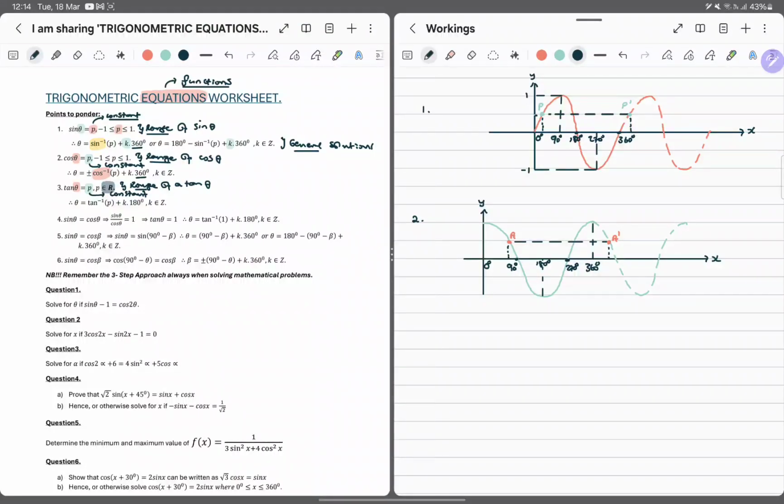But on the domain, we know that we have asymptotes. So we have some limited points that we don't get across, essentially. All right, and of course, this would be its general solution. But now, this situation says theta is going to be the inverse tan of that constant P. Then we add 180 degrees. Why?